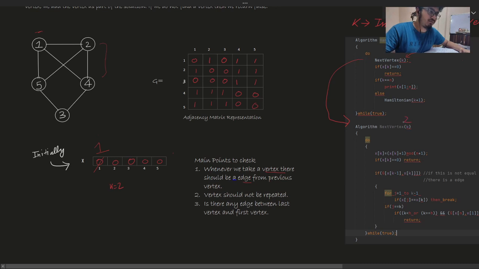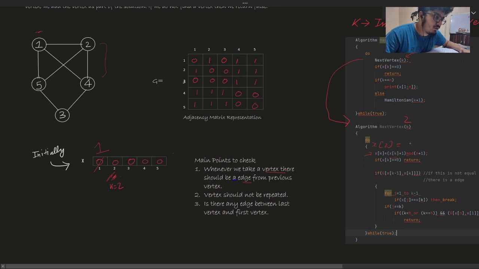Next vertex 2. Now x2, what is x2? x2 is 0 initially. x of k, k is 2, so x of 2 is 0.